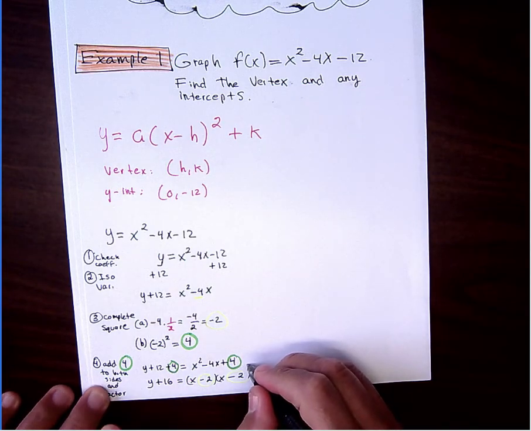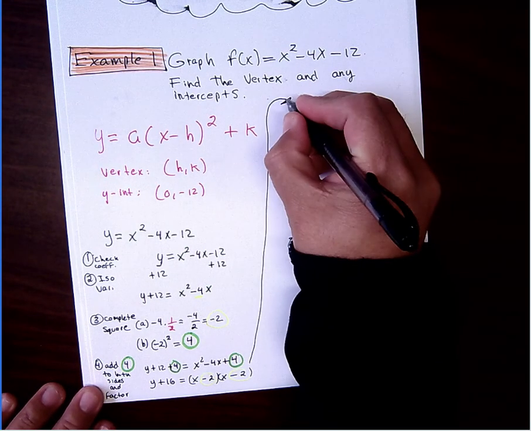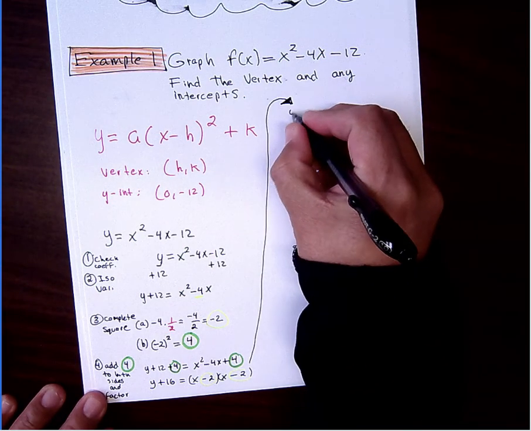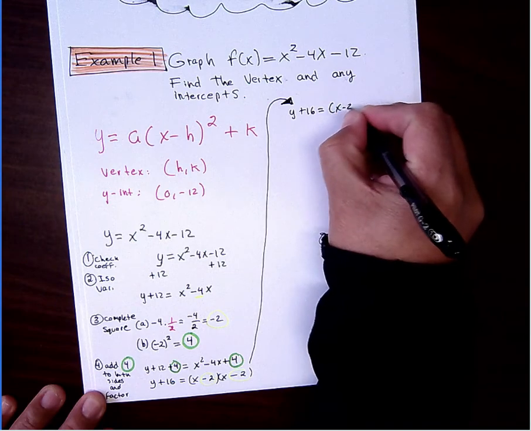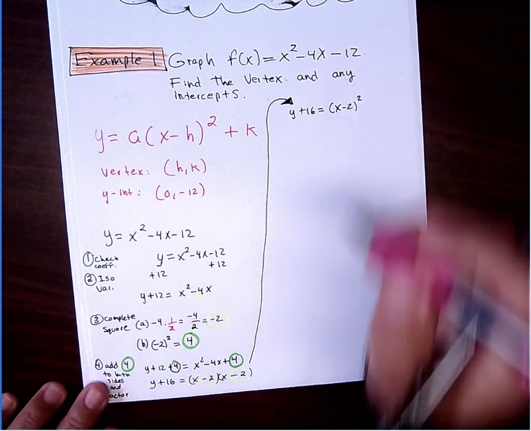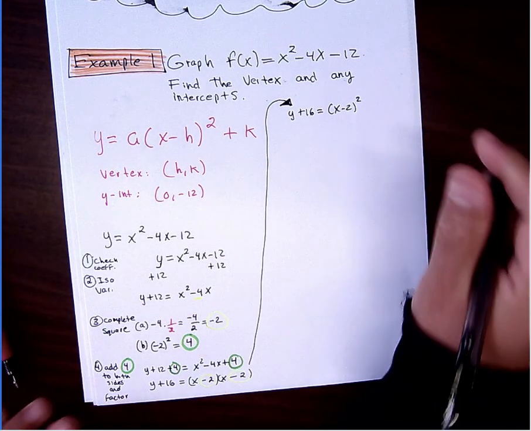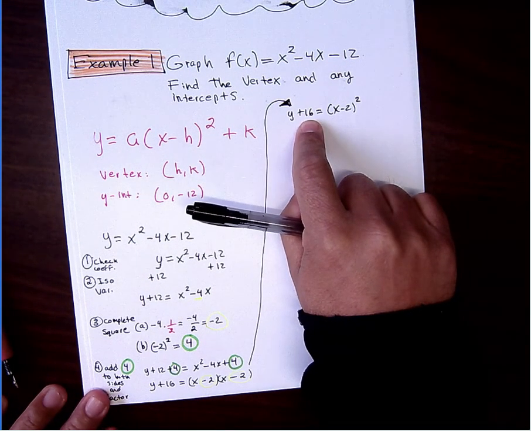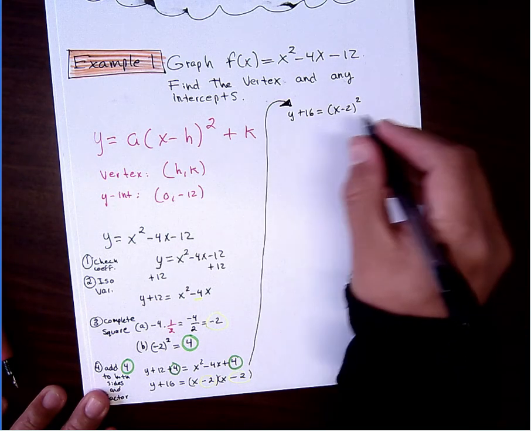So let's bring it over, way over here. We're going to need some space. So from here we have y plus 16 is equal to x minus 2 squared. And this is where we bring this one to the other side. So we don't need to solve here.